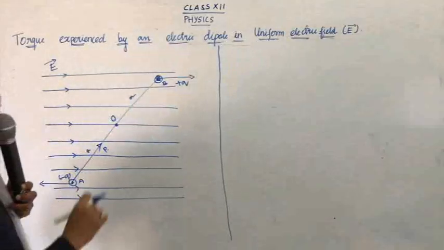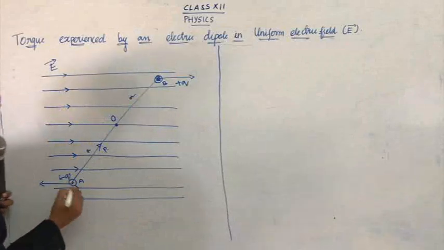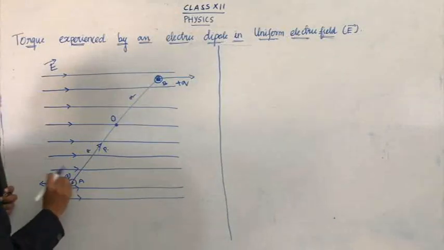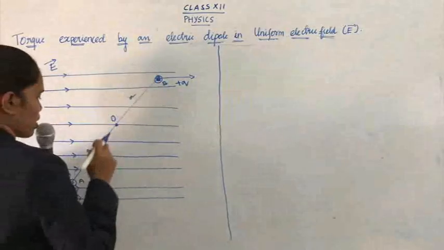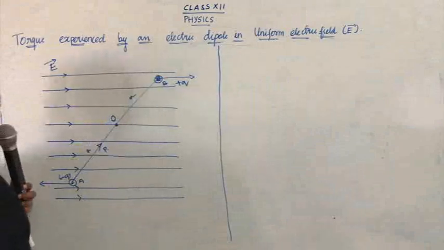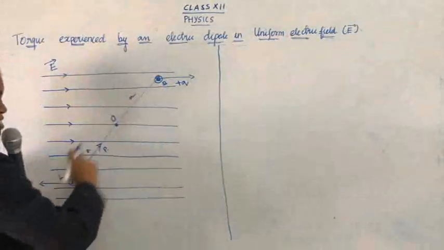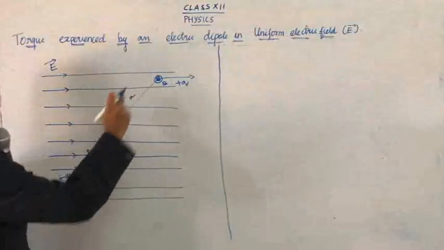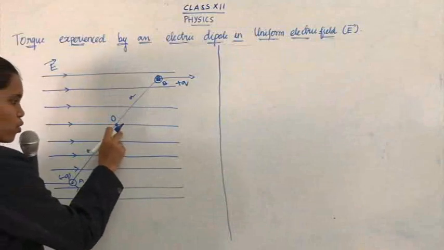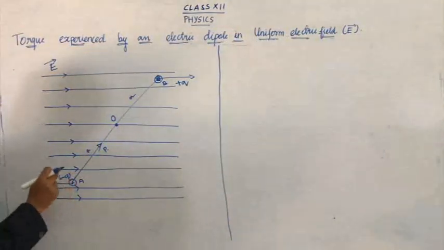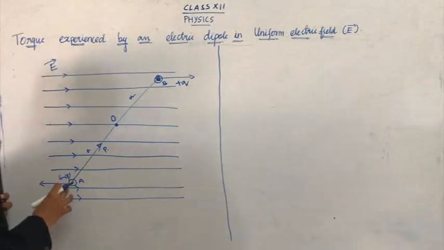Now we are placing the electric dipole. This is the point A. Here we are placing a point B. The midpoint is O. Point A, point B: this is an electric dipole, and the midpoint of that dipole is marked with O. At point A there is a charge minus Q, a negative charge.